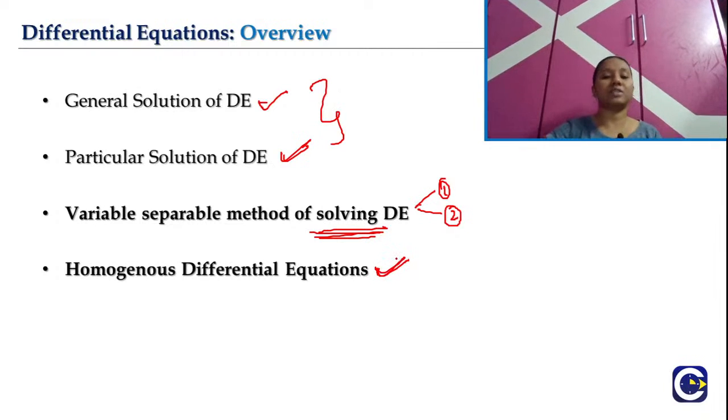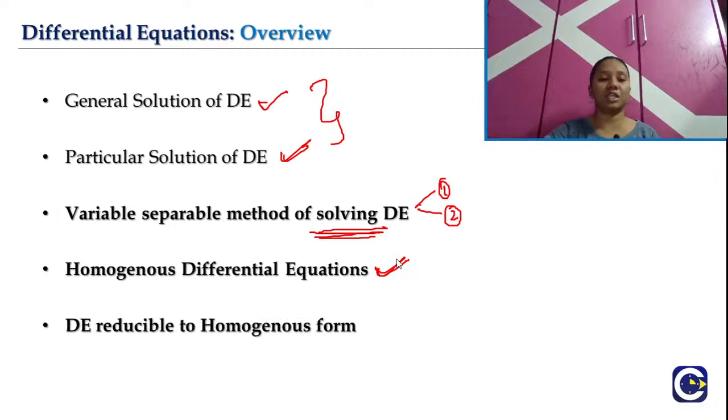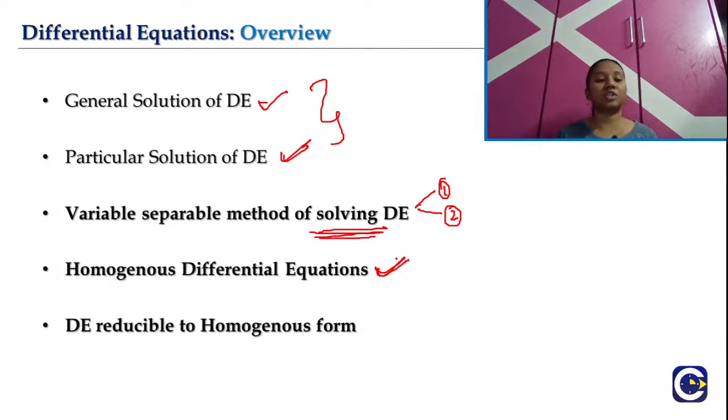This will be our second way of solving differential equations. Apart from that, we could have differential equations in other forms which we could reduce into the homogeneous form.